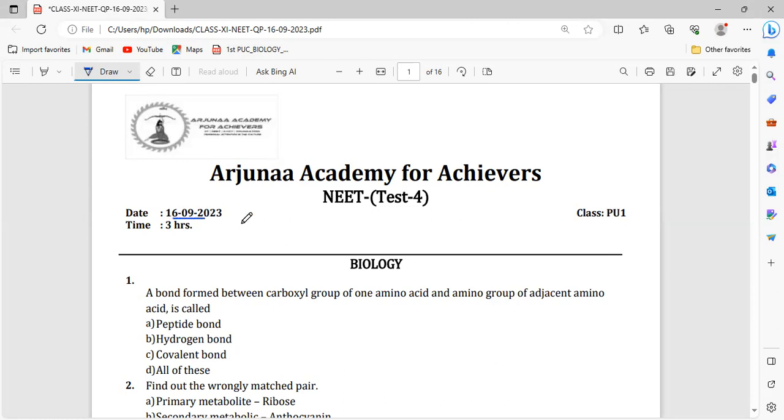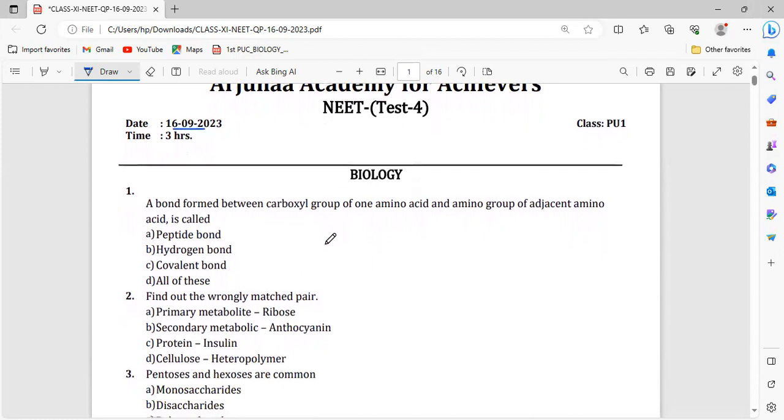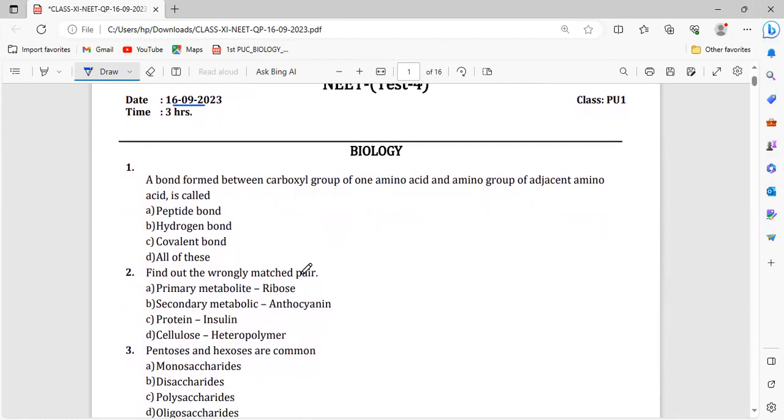First question, the bond formed between the carboxyl group of one amino acid and the amino group of the adjacent amino acid. The amino acid structure will have this structure.